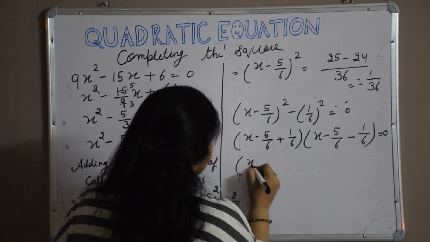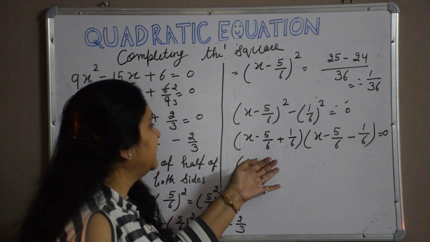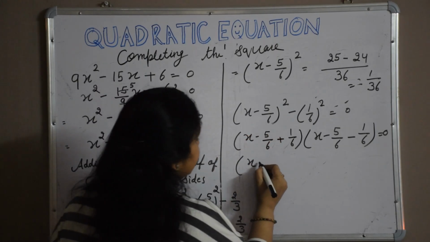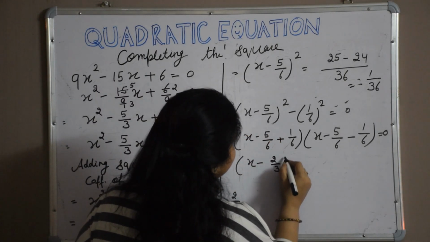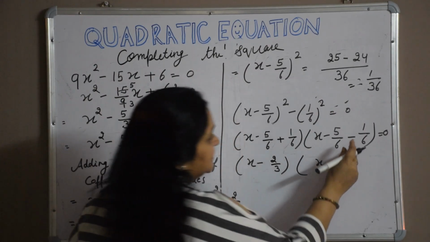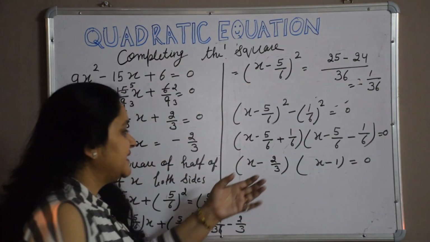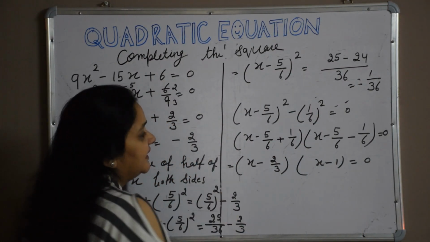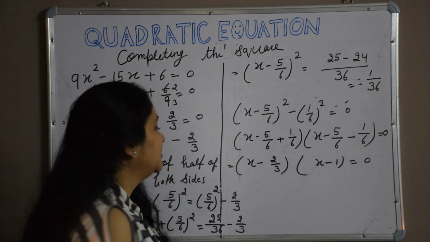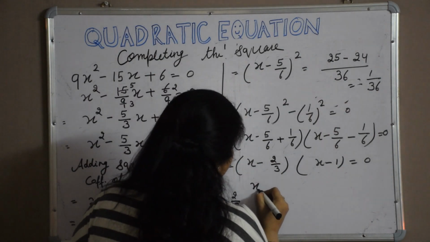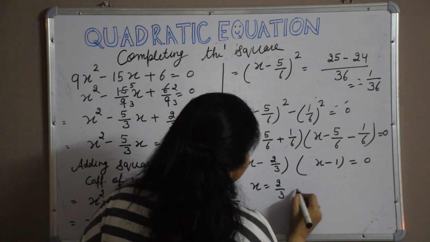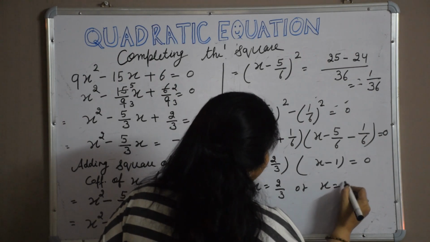Now just solve this. It becomes minus 4 by 6, and that is minus 2 by 3. It becomes minus 6 by 6, that is 1. So x minus 2 by 3, x minus 1 equals 0. x is equal to 2 by 3 or x is equal to 1.